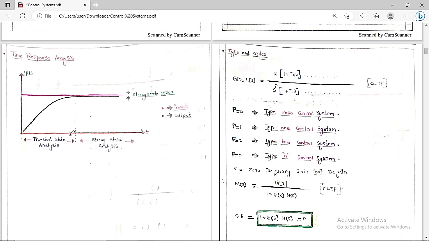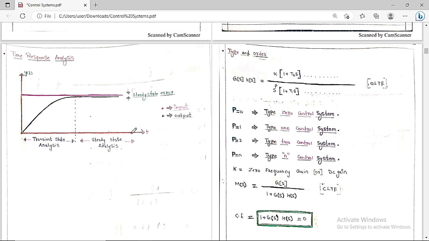The study of the transient state is called the transient state analysis, and the study of the steady state is called the steady state analysis. Always keep these things in your mind. We always want the actual output to become the desired output, but practically there is some error between the actual output and the desired output.